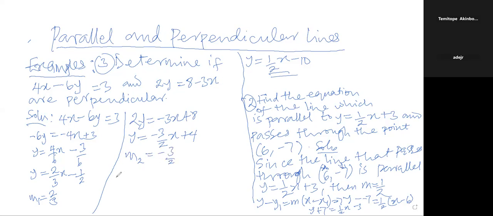Now, if they are perpendicular, m1 times m2 should give me -1. So if I multiply now, 2 over 3 times minus 3 over 2. So this here 1, this here 1, this here 1, this here 1. So I have 1 times -1, which is -1.